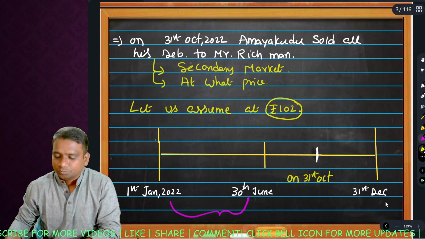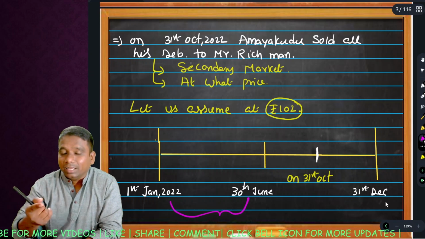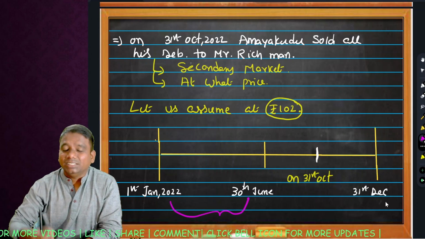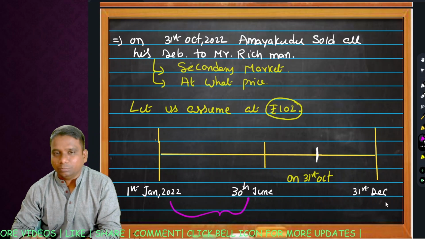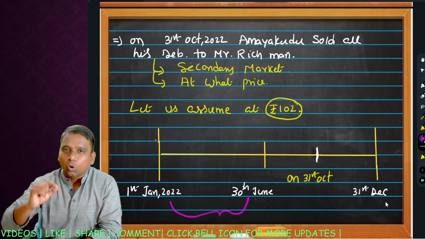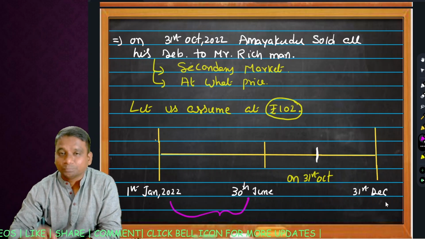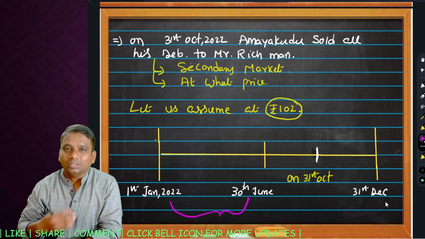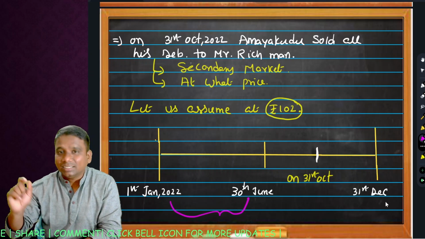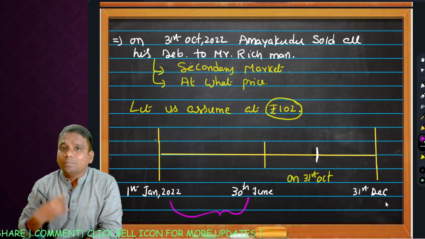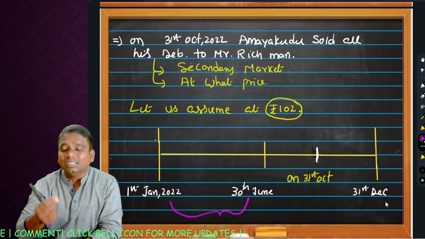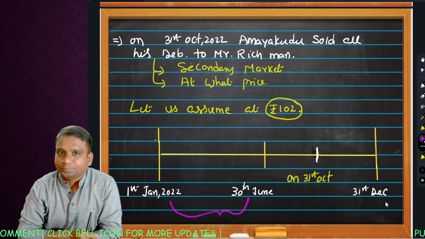31st October. Tell me again, when X Limited pays interest to me? 31st December. So if I hold these debentures till 31st December, I am eligible to receive interest from X Limited.